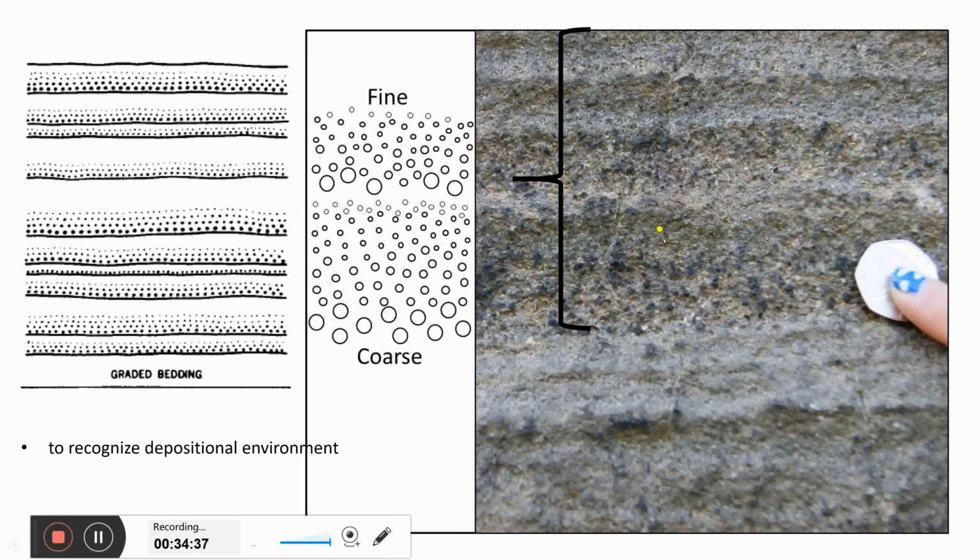That depositional environment will guide us on whether there is a possibility of petroleum deposition, accumulation or generation in this area or not. So you have to identify these features in the field, then plot them on a piece of paper for interpretation.